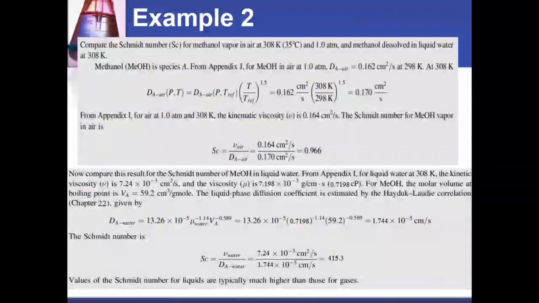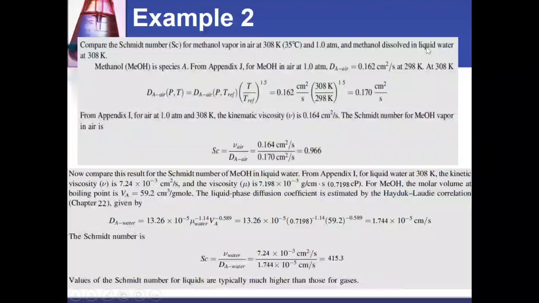And we have an example here to illustrate the difference in Schmidt number between gas phase and liquid phase. In this example, we're using methanol as the solute. So we have methanol vapor in air. The temperature of air is kept constant at 308 Kelvin or 35 degrees Celsius, and the total pressure is 1 atmosphere. In the second case, we have methanol dissolved in liquid water.